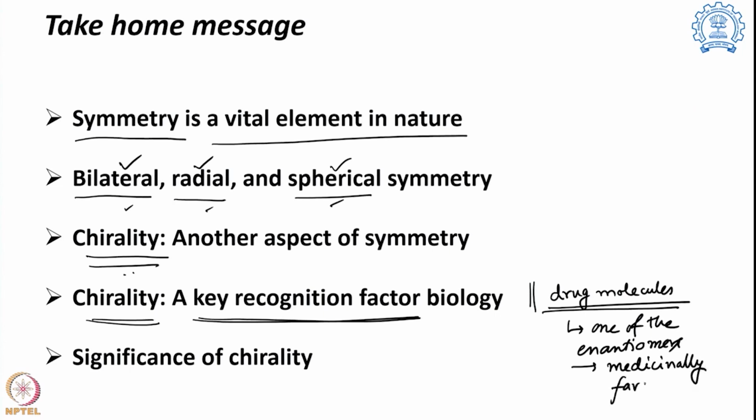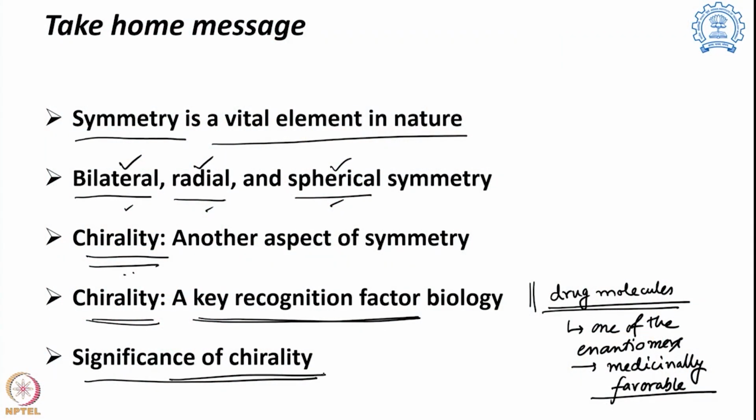I would say medicinally favorable, and the other form can be inactive and can also be toxic to ourselves. So that is why we have to know very well which particular enantiomer I am using, and for that we need to have some experiments and have to know about the details of chirality, and that is why we need to know about chirality.